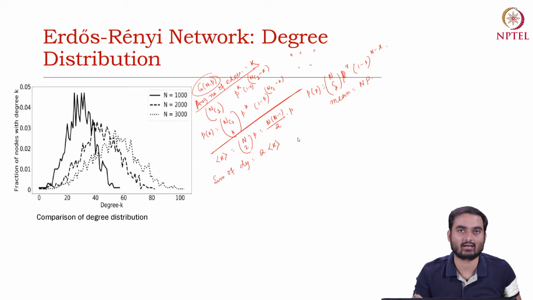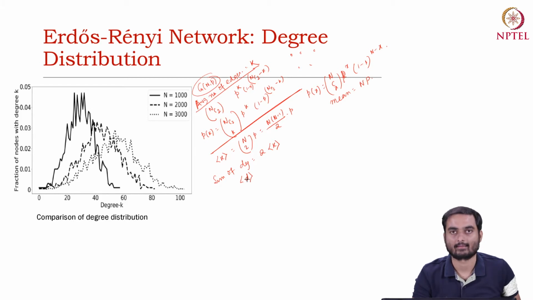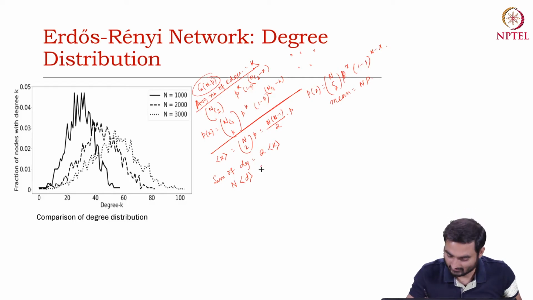Let us assume that the average degree is |d|. So if the average degree is |d|, what's the sum of all degrees? It is n times |d|. There are n nodes, and each of these nodes has on average |d| degree. So this is 2 into this one.